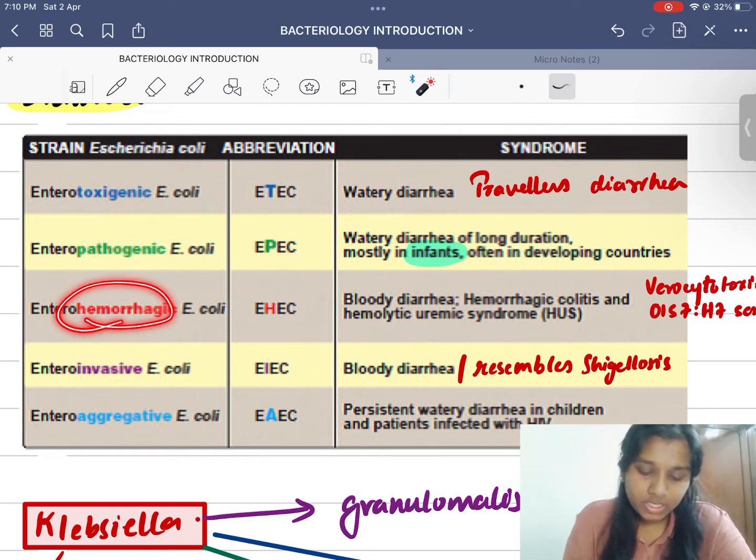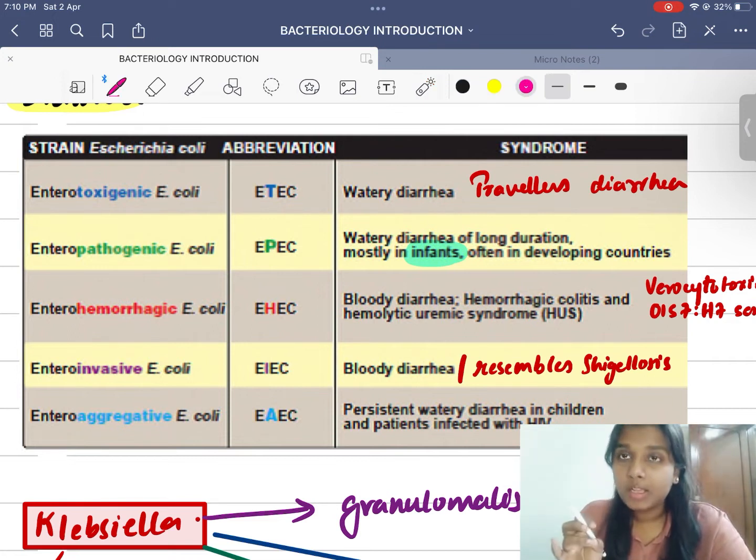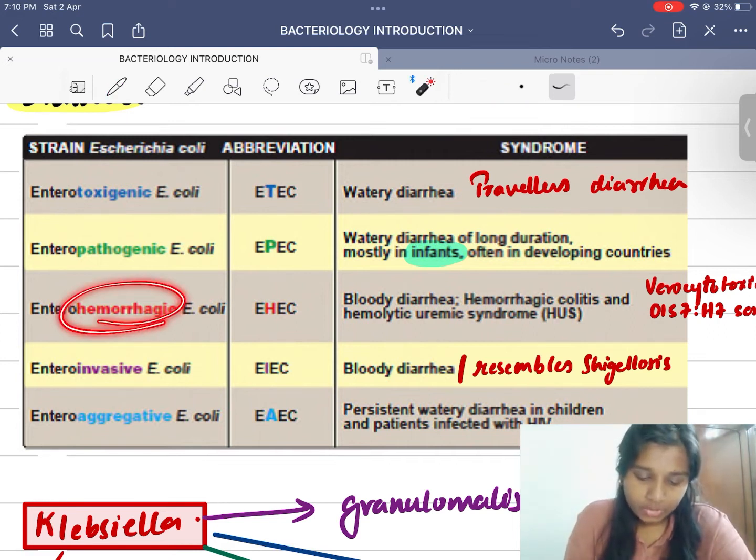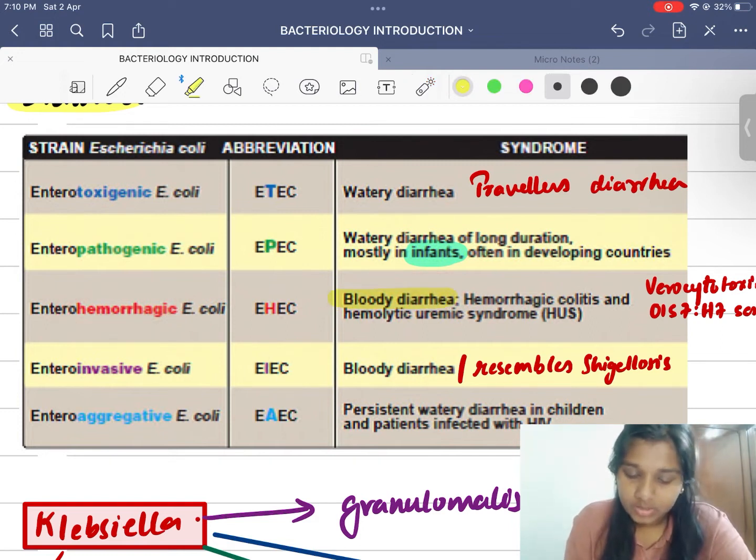Then for hemorrhagic, basically it's going to invade the mucosa and then it's going to cause the bleeding, right? So this is bloody diarrhea, hemorrhagic bloody diarrhea. It's not watery. For enterohemorrhagic E. coli, as the name suggests, it causes bloody diarrhea.